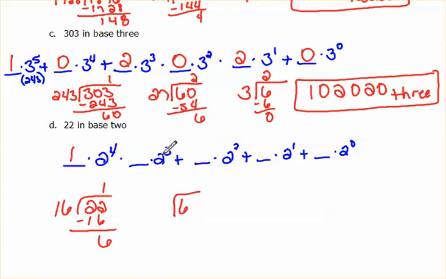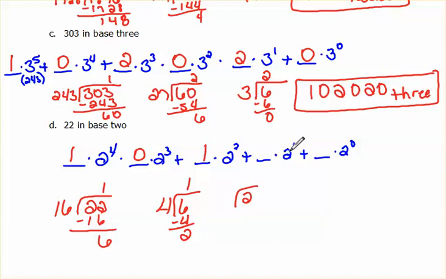Now the next position is groups of 8, because 2 cubed is worth 8. 8 won't go into 6, so there are no groups of 8 in there. Our next position would be groups of 4, because 2 squared is 4. So we have one group of 4 with 2 left over.